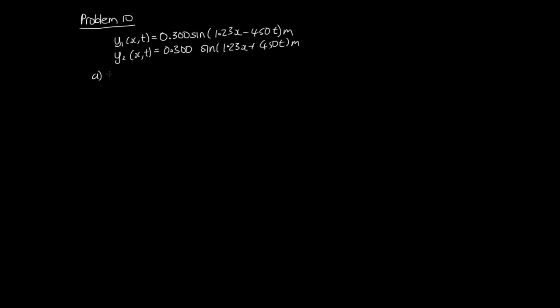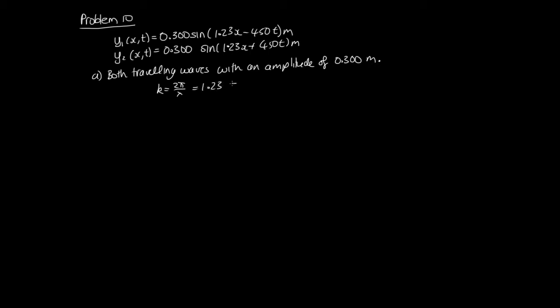Okay, so these are both traveling waves with an amplitude of 0.300 meters. We can also work out the wavelength and the frequency. The wave number is equal to 2 pi over the wavelength, and that's equal to 1.23 per meter.